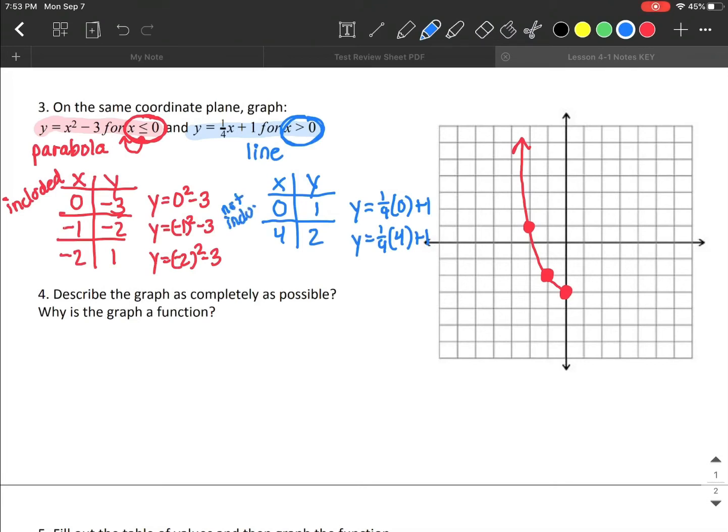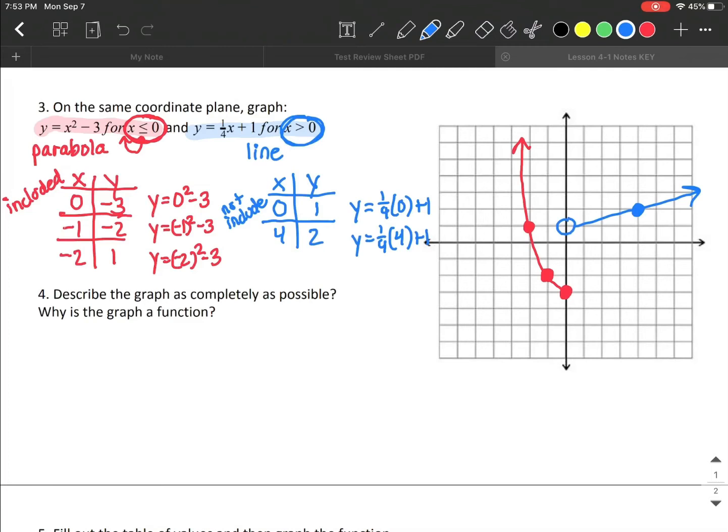Every x value that's just a little bit greater than 0 is included, which is why on this point on the graph, just like I would on a number line, I'm going to put an open circle on 0, 1 to indicate that everything to the right is included, even though that point is not. So I'm going to put the next point, 4, 2, right here, and then I'm going to connect these two in a linear fashion. All right, and that's my piecewise function.